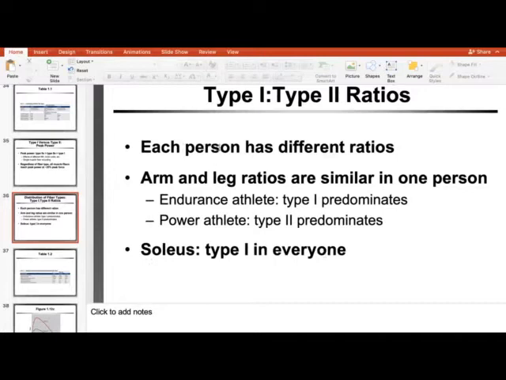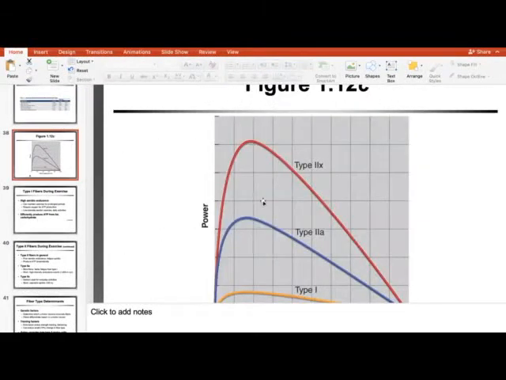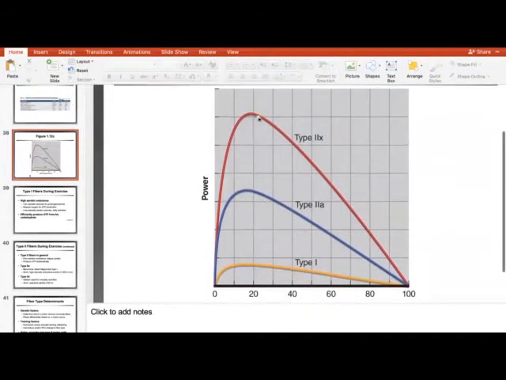So everybody has different ratios. Some muscle comparisons can be similar, but then other muscles are top heavy in terms of certain muscle types. This just shows that type 2, we talked about this a little bit, type 2 muscle fiber types can create more power than type 2A and type 1 muscle fiber types.